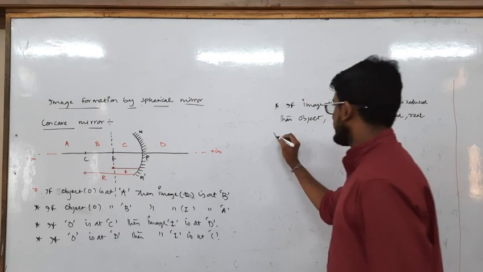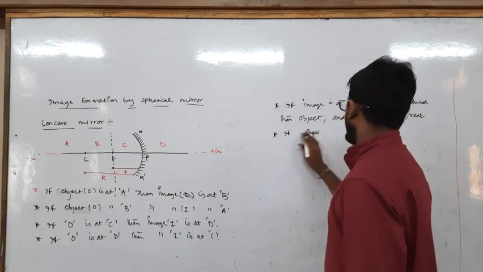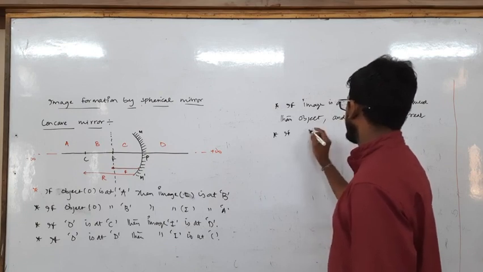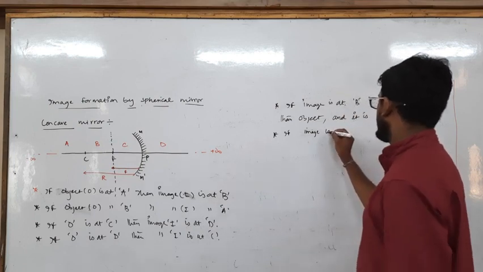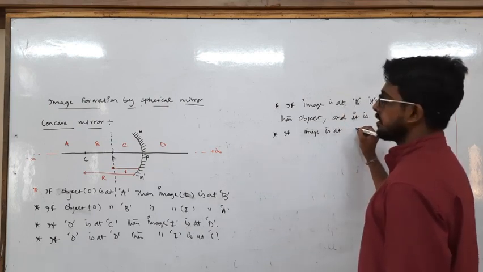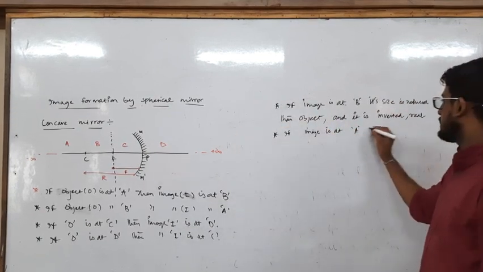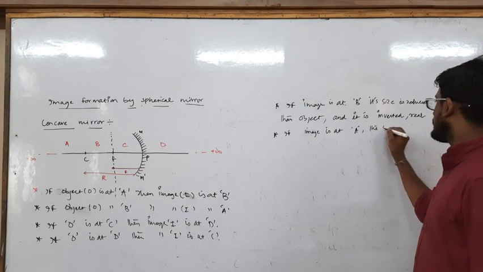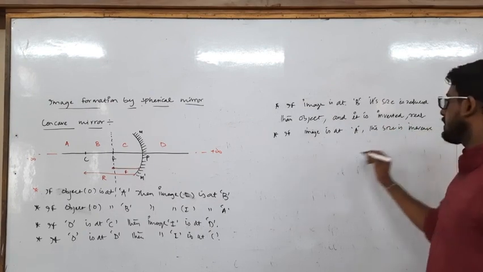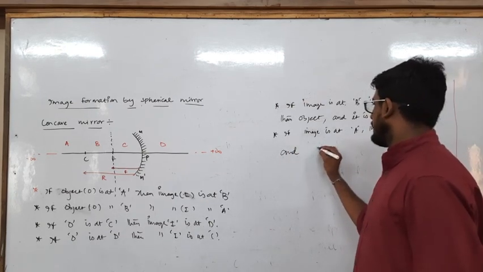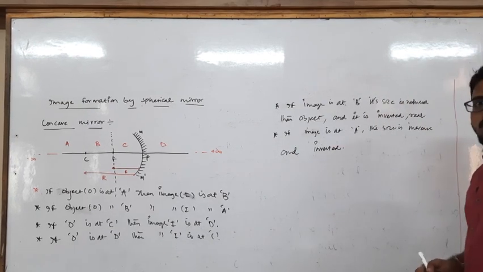Clear? Next, if the image is at A, the region is large, the size is increased and it is inverted.